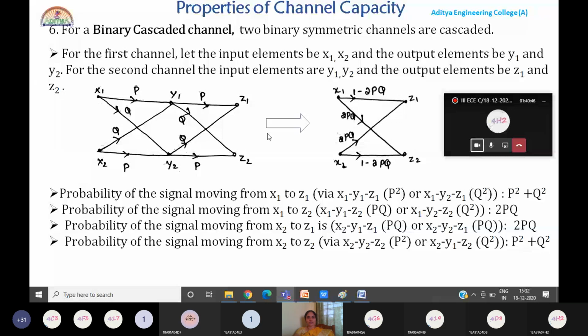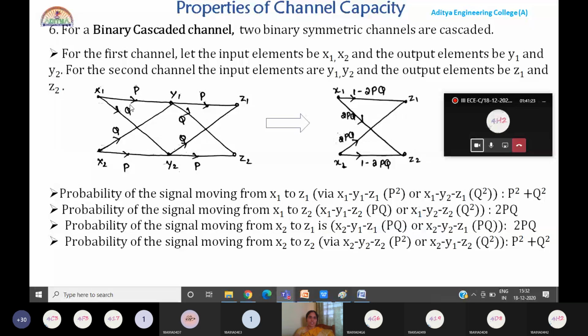So please respond. How can we move from x1 to z1? How can the data of x1 be received by z1? How many intermediate paths are there from x1 to z1?